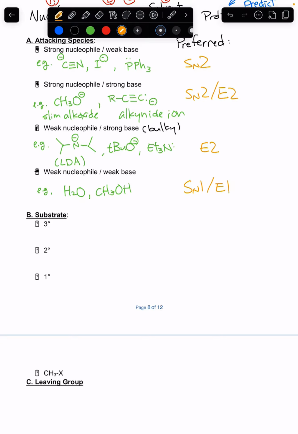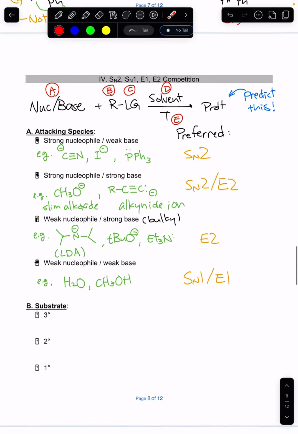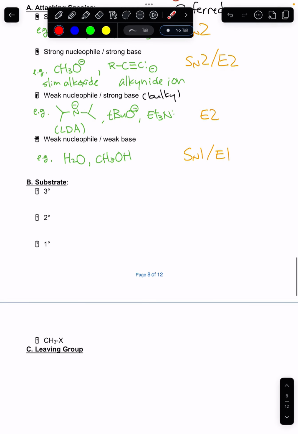Why is that? Because these are the reactions that are not initiated by the attacking species. Remember, SN1 and E1 are the ones that are initiated by the substrate by itself. The leaving group leaves, and then that starts the sort of cascade of mechanisms that lead to the product. Okay.